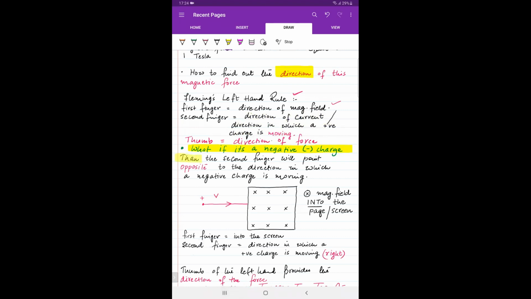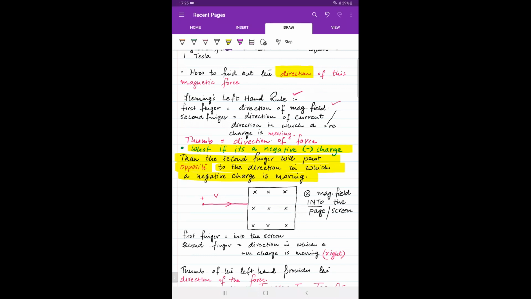So on a negative charge, the second finger will point opposite to the direction in which a negative charge is moving. Okay, so it's pretty simple to remember that for a positive charge, the second finger points in the direction in which a positive charge is moving.